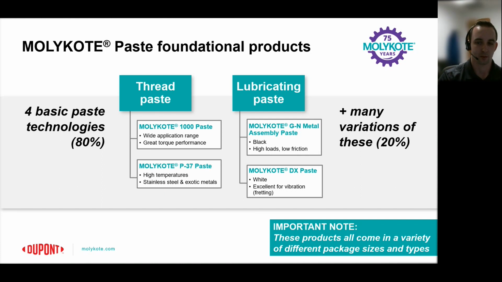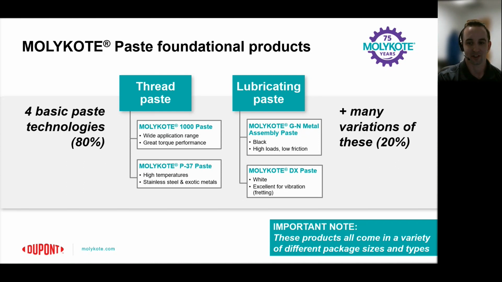For lubricating paste, we usually go to our GN metal assembly paste or the MOLYKOTE DX paste. The DX paste is great for vibration due to its ability to reduce fretting. And then the GN metal assembly is a great load carrying paste with very low friction. We do understand that there may be applications that these 4 don't cover.